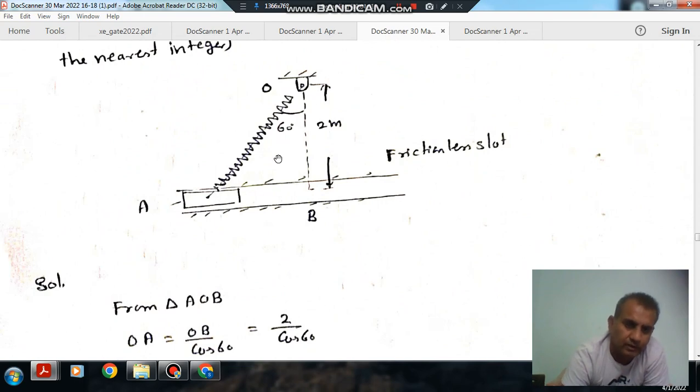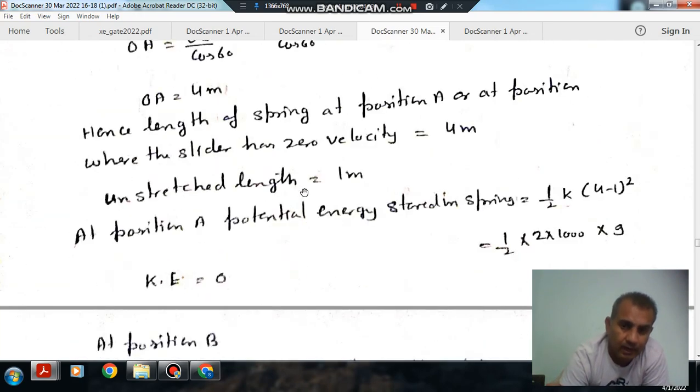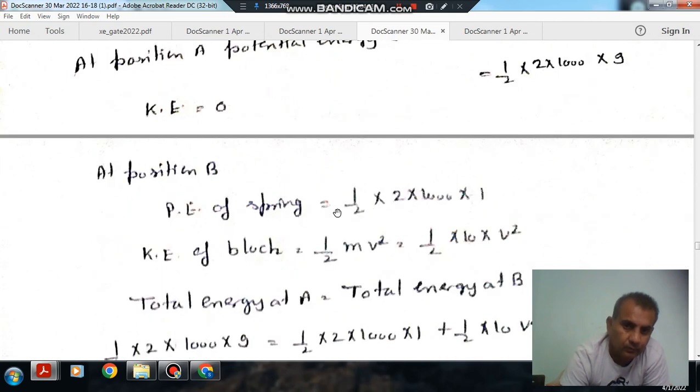So total energy is the potential energy at this point. At point B the length of the spring is 2 meter, and the energy stored will be half into 2 into 1000 into 1, the stretching being 2 minus 1. So that is the potential energy of the spring at the position B.